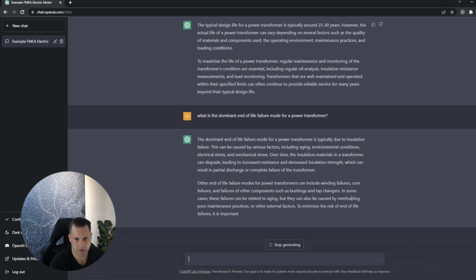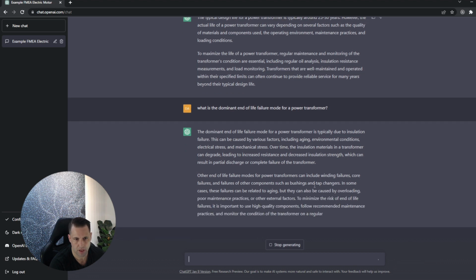Winding failures, bushing failures. Yeah, I wouldn't typically consider some of these other modes as end of life failures unless they're catastrophic. But yeah, usually insulation. So I think it's got a pretty good idea here. Recommended maintenance practices. Yeah, all right, fair enough.